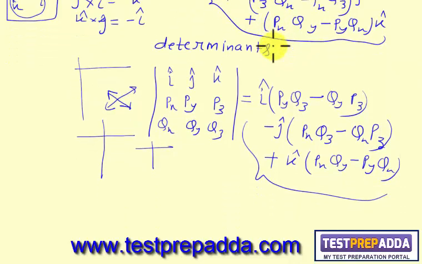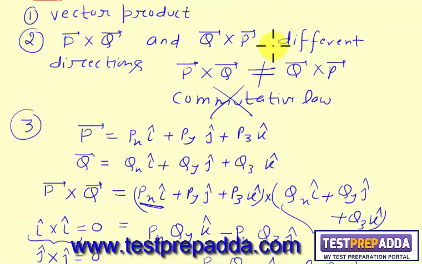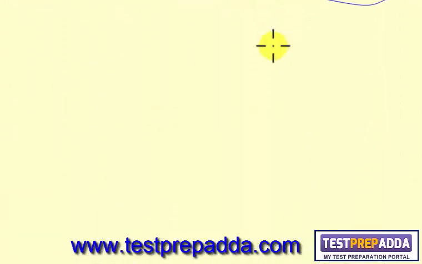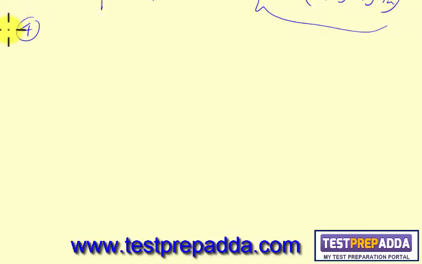Now I will talk about another important point. We have discussed three important points here. Now the fourth one. Fourth point: cross product. Does cross product follow the distributive law?